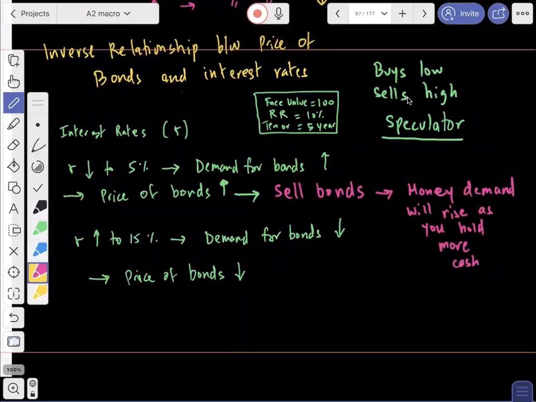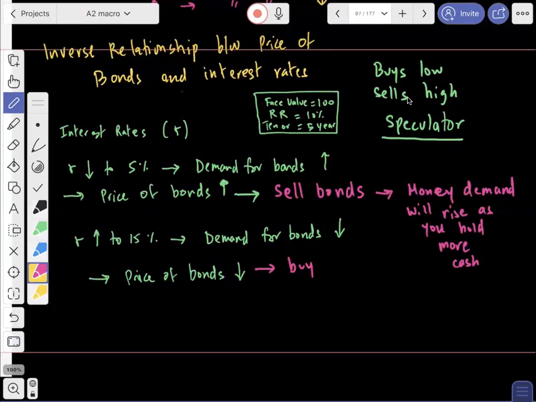Similarly, when the price of bonds is going down, a speculator will buy bonds. Why is he buying bonds? Everyone in the world, by the way, will be selling, and this person will be buying, because he's the one who is buying when the price is low. And when he's buying bonds, his liquidity, the money that he's holding, will go down.